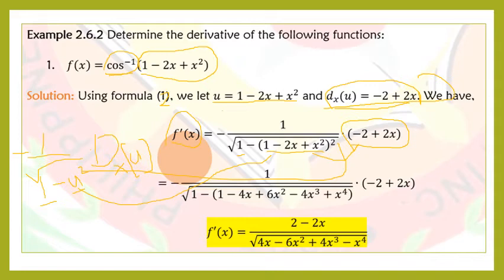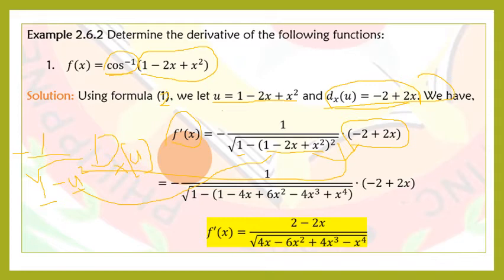Okay, so simplify natin. So, we have the negative of 1 over the square root of 1 times, ang expansion nito or ang product nito class is 1 minus 4x plus 6x squared minus 4x cubed plus x to the power of 4 multiplied, bring down lang natin sa negative 2 plus 2x. Okay?